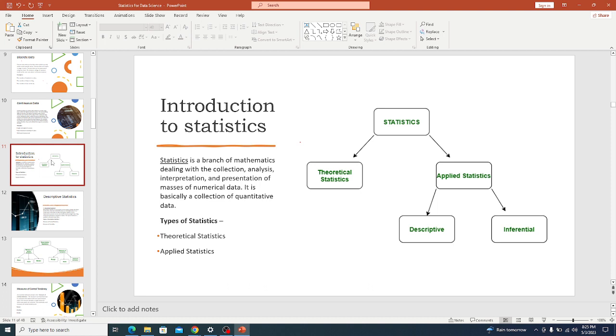Okay, we have descriptive and inferential, but we shall go to those individual subcategories and expound more on those categories. All right, that's cool. Now I want us to start with the definition of statistics.